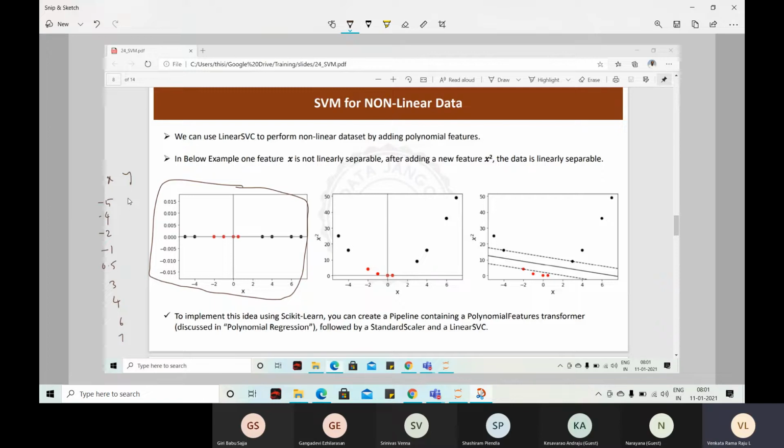And the classes are black, black, red, red, red, red, black, black, black. Right, color is the class. This is how it is.